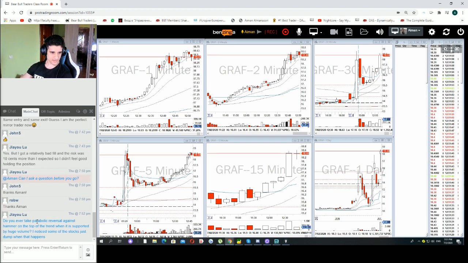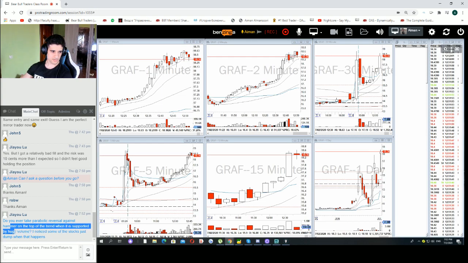Do you ever take a parabolic reversal against a hammer at the top of the trend when it's supported by huge volume? I noticed some of the stocks just dump when that happens. That could be because, look at this.